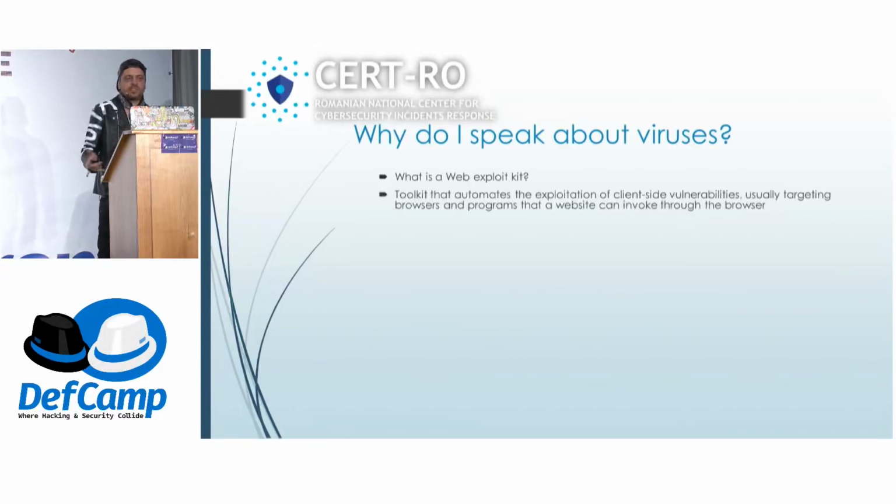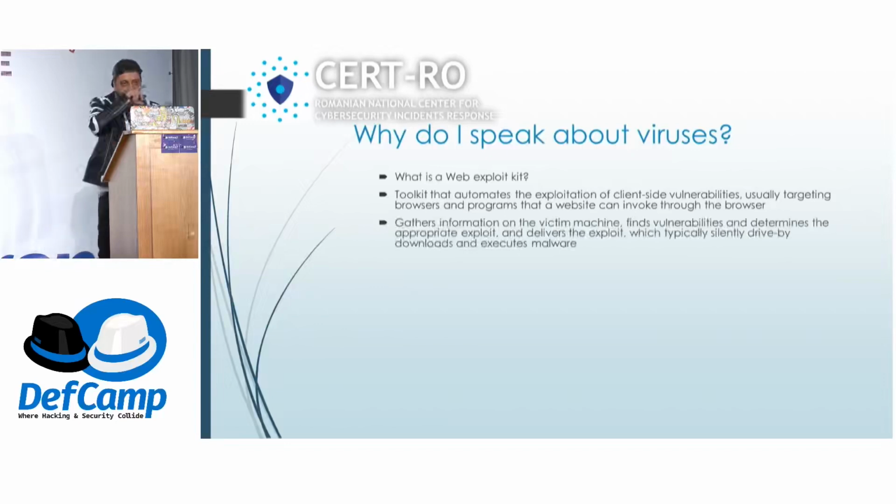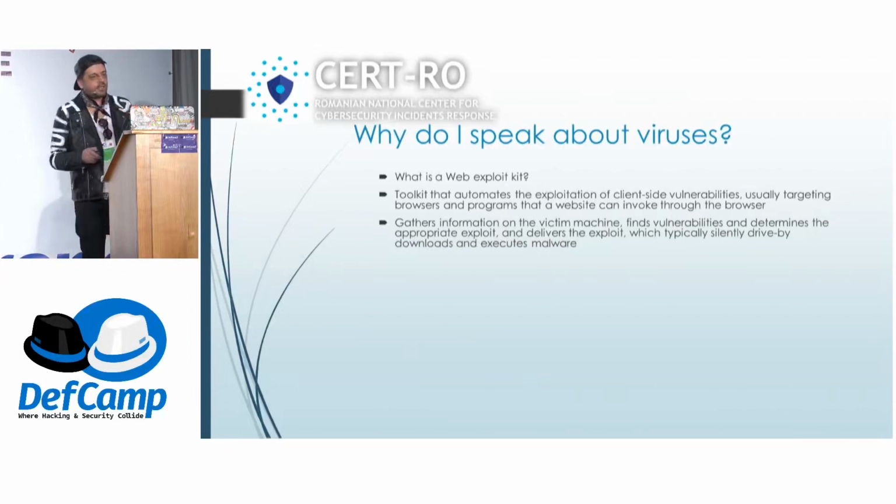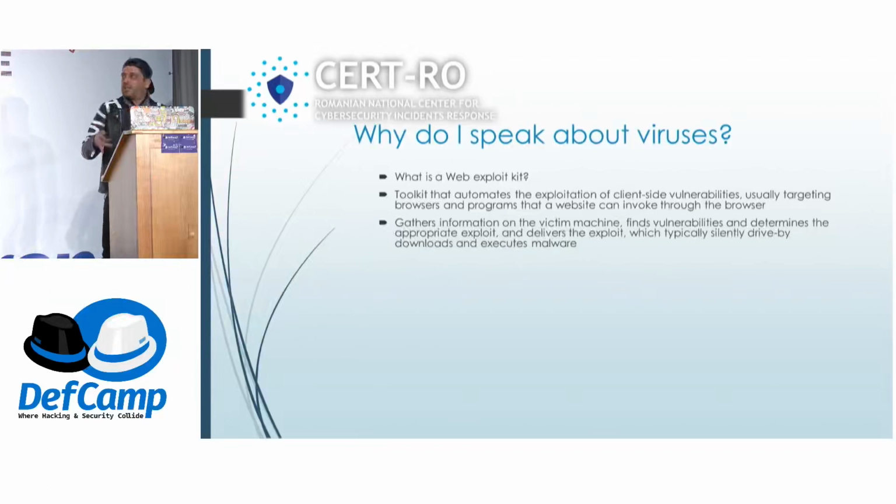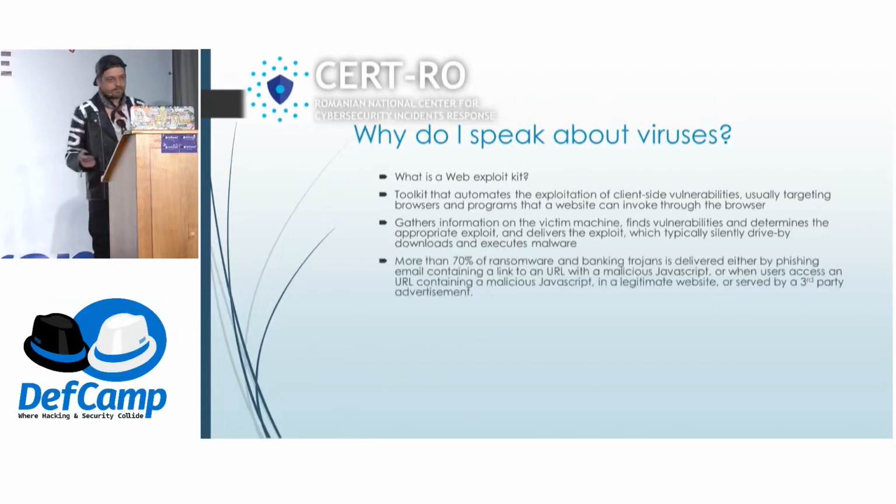What is a web exploit kit? It's a toolkit that automates the exploitation of client-side vulnerabilities, usually targeting browsers and programs that a website can invoke through the browser. Usually, it gathers information on the victim machine, finds the vulnerabilities, determines the appropriate exploit, and delivers the exploit, which typically silently drive-by downloads, installs and executes a malware.